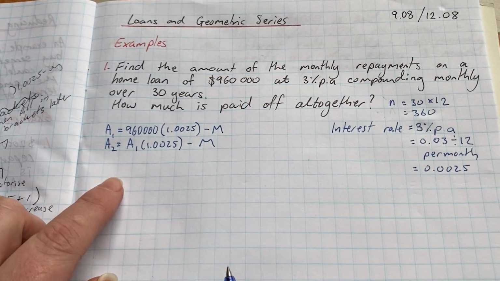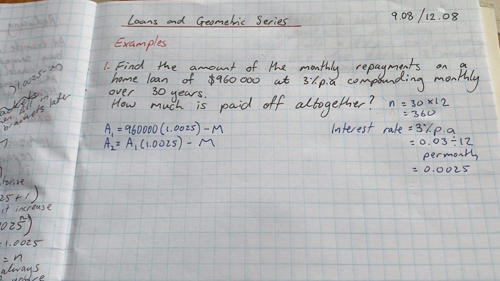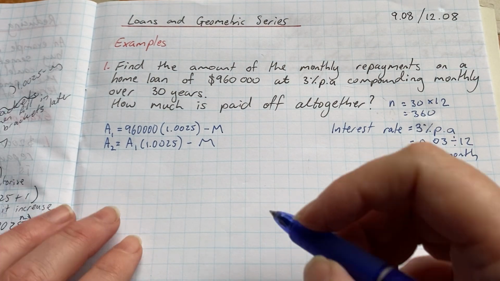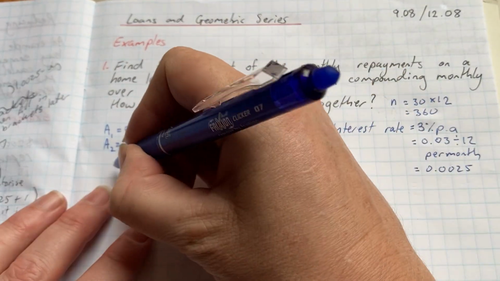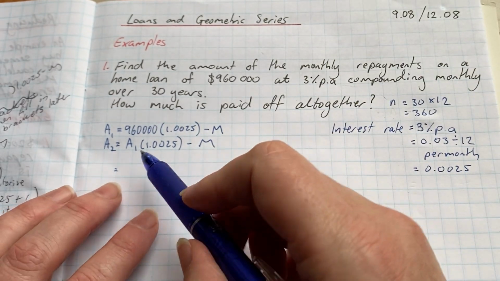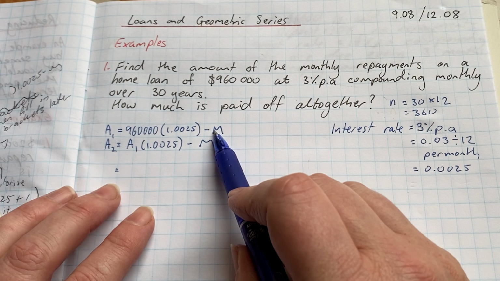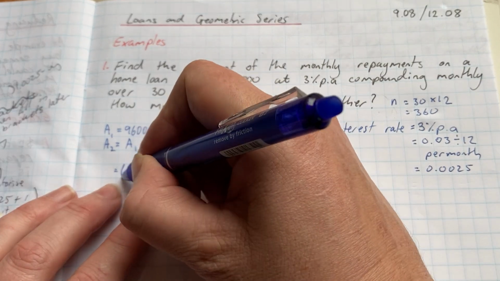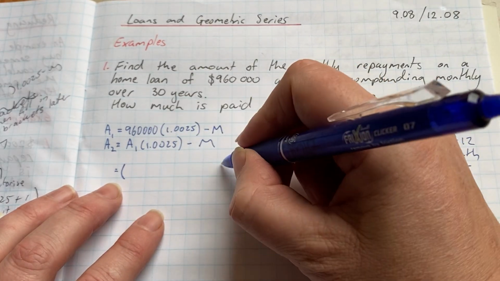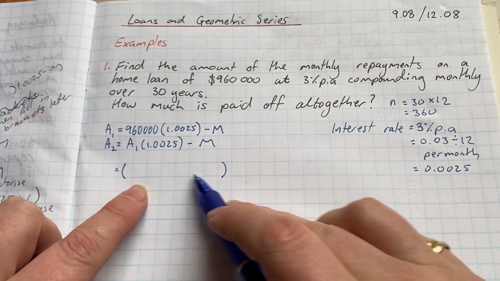So now we need to work out what this is. Now this is one of the biggest tips I've got here. We need to write this number for A1. My tip is to write brackets first, the size of A1. Okay, that's our A1.